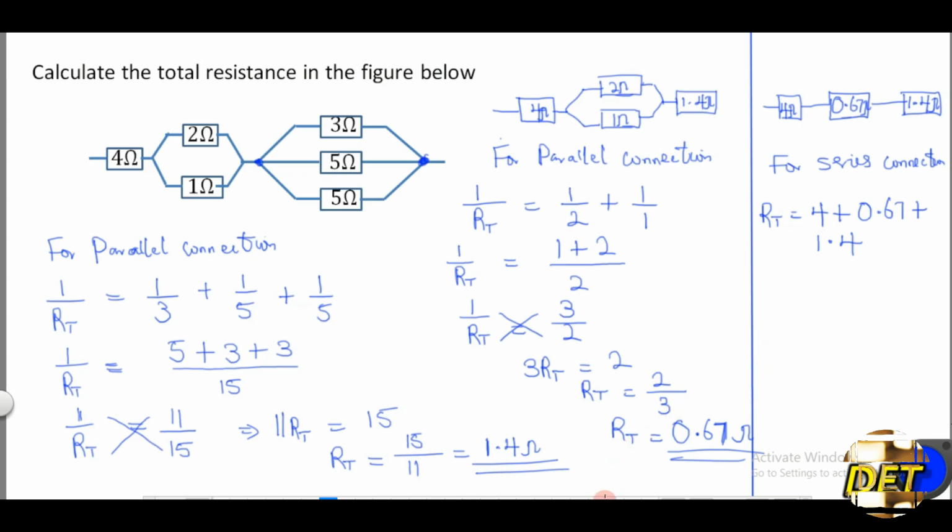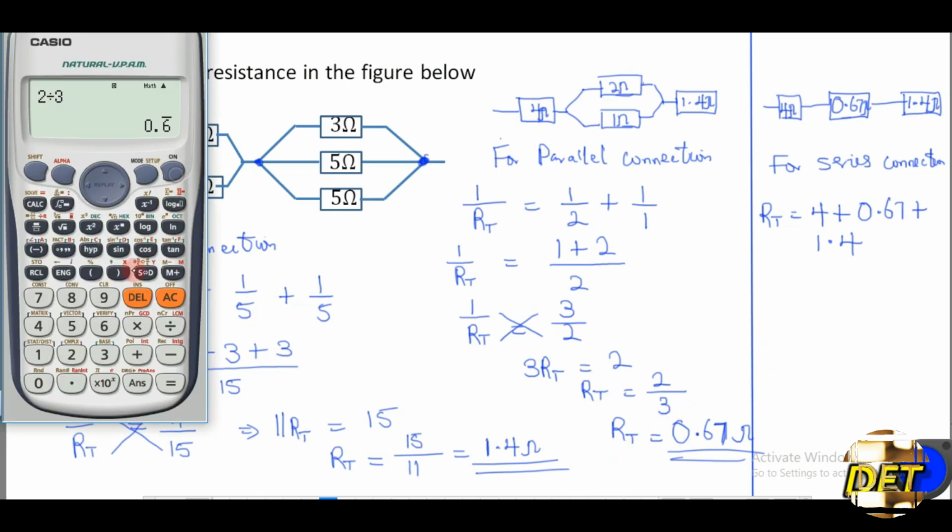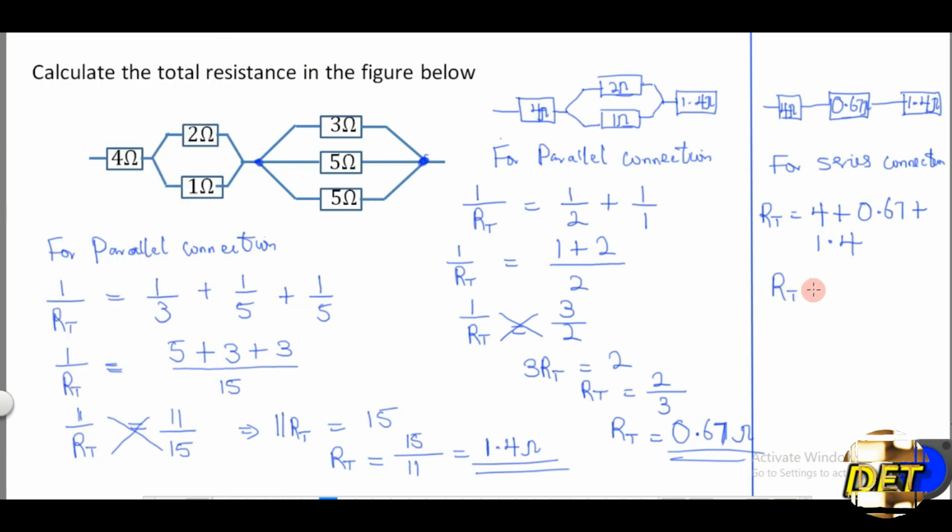If I add that, 4 plus 0.67 plus 1.4 will be equal to 6.07, right? So my total resistance R_T will be 6.07 ohms. So this is the final answer to this question.